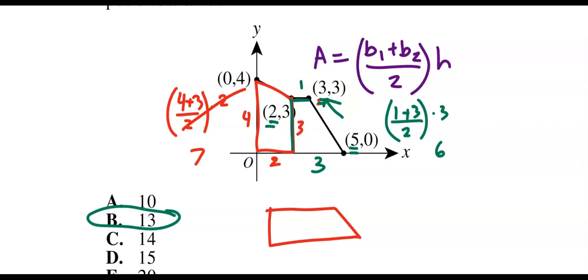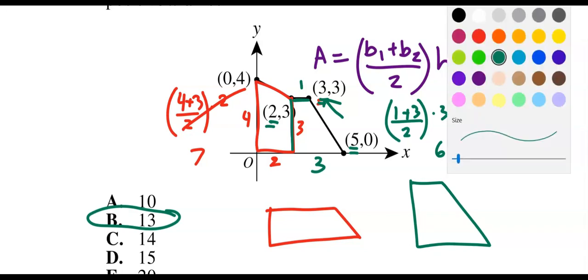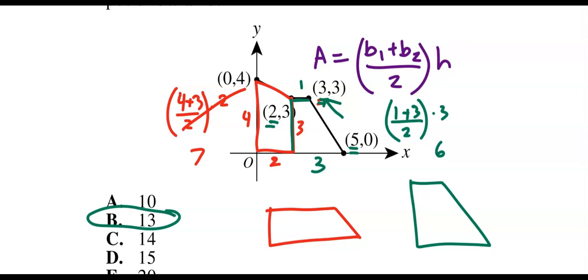If you disconnect it from the other one and lay it down, and then the green one, that's pretty much exactly the way it looks. And so I really wanted to find these two. And so, if I was paying attention, I would have labeled the sides correctly by using the x's and the y's to do subtraction.